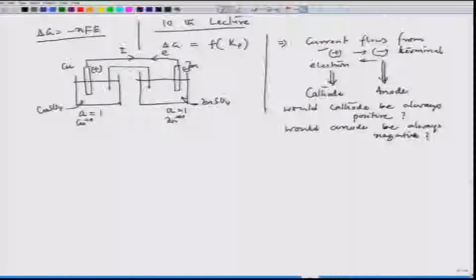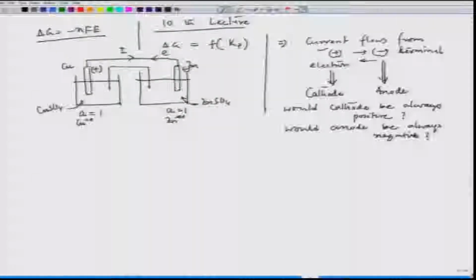We have to answer this. Now, this is a confusion that is always there in the student's mind. I think it is better to clarify here how you would decide whether it is a cathode or anode, and whether cathode would always be positive or anode would always be negative. For that we have to bring in the concept of electrolysis.